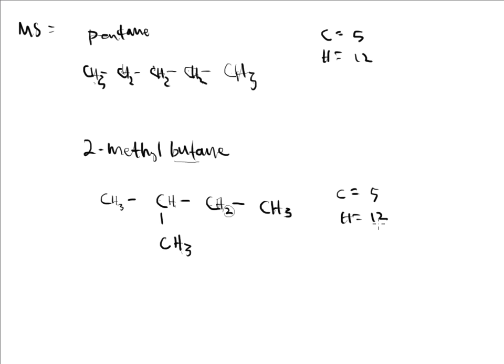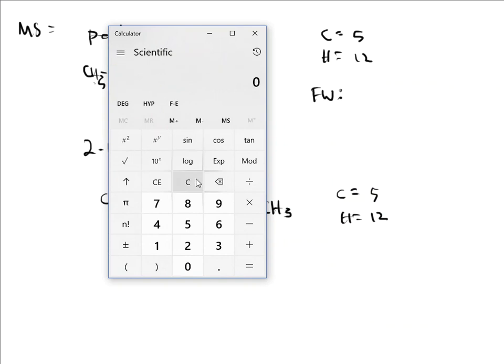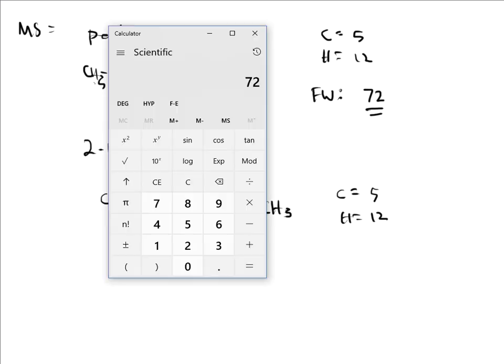Now the power of the mass spectrometer, how good is it? Well, if we do the formula weight up here at the very top, and we'll do a nominal formula weight, so 12 times 5 plus 12 times 1. Hydrogen weighs 1. There's 12 of them. That gives me a nominal of 72. So if this molecule stays together, I will see a 72 peak show up on the spectrum.